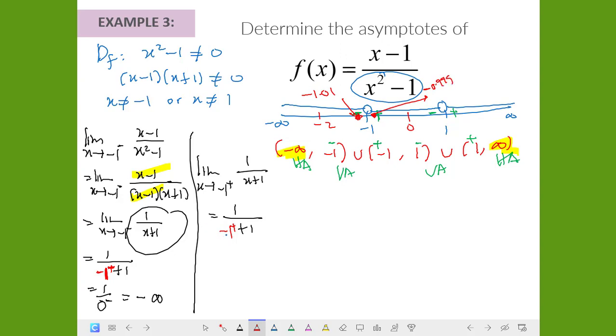Negative 0.999 plus 1 is 0, slightly more than 0, just positive. So positive infinity.